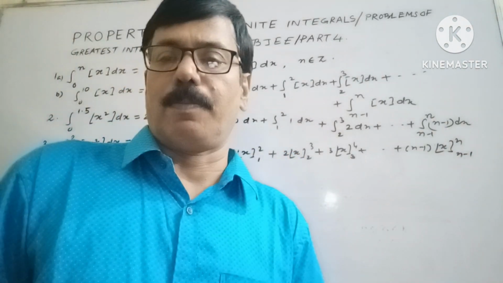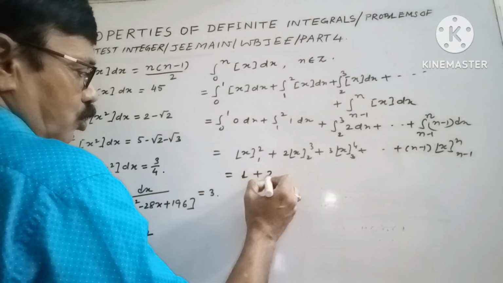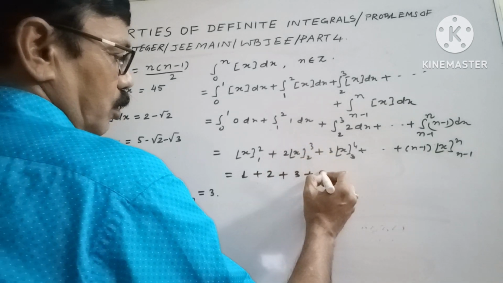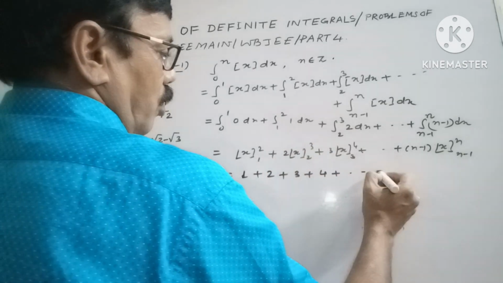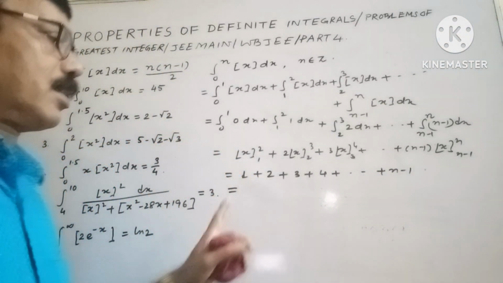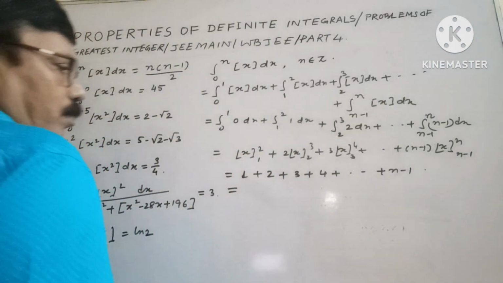So, the difference of the upper limit and the lower limit is 1. So, this is 1 plus 2 plus 3, 2, 3 minus 2, 4, and so on up to n minus 1. So, it is the sum of natural numbers, n into n plus 1 by 2.